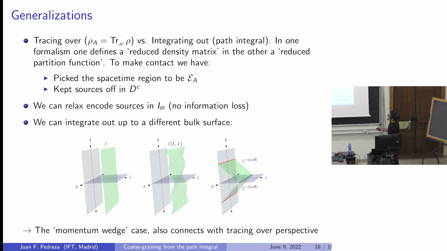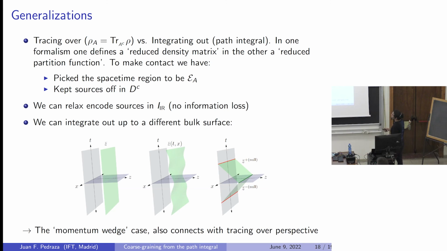It's important to emphasize that there is a distinction between the tracing-over procedure that we normally do versus the path integral integration that we are doing here. In the former, you start with a state, you define it on a time slice, you trace over some of the degrees of freedom, and then causality tells you what information you have in the full space-time. Here, we're doing an integration directly in a space-time region.